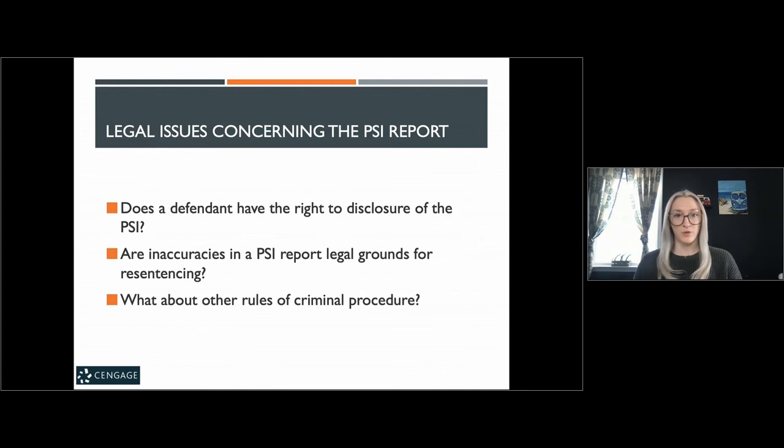I know in juvenile court, I've had that happen before, where we don't hand out our reports to the youth. They can see it if they ask, but we typically say that they have to get it from their attorney. We don't provide that to them. And some attorneys will go over the information in that report. I will say this more frequently happens with private attorneys or attorneys who are typically used to dealing with the adult criminal system because of these PSI reports.